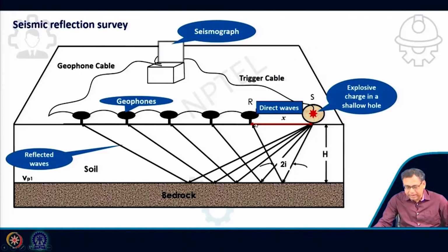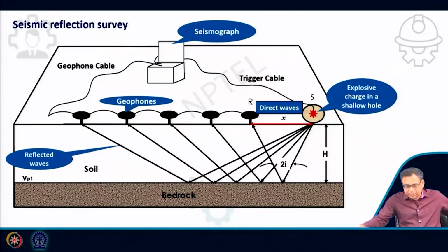The wave can reach the receiver directly, or by reflection if we have two different layers. So here it will reflect. Right now we are only concentrating on the reflection; later we will discuss refraction also. So the wave reaches the receiver directly or by reflection. Based on that, we can determine the velocity of the wave and the thickness of the layer.